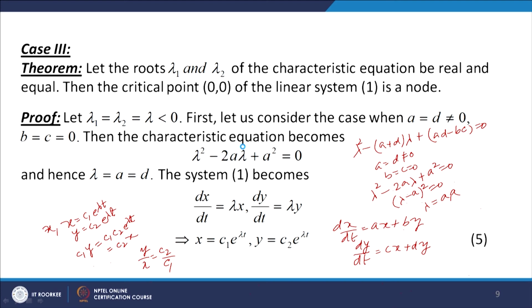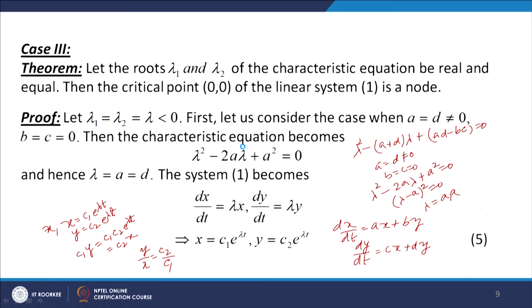This is a special situation where we get a star shaped node. The roots in this case are equal, and the roots in the other cases that we discussed are also equal, but in this case we get a star shaped node and there we get a node which is not star shaped.